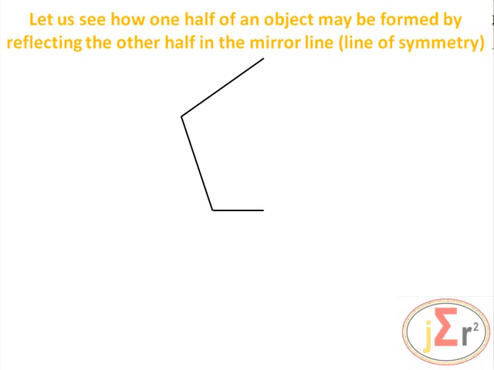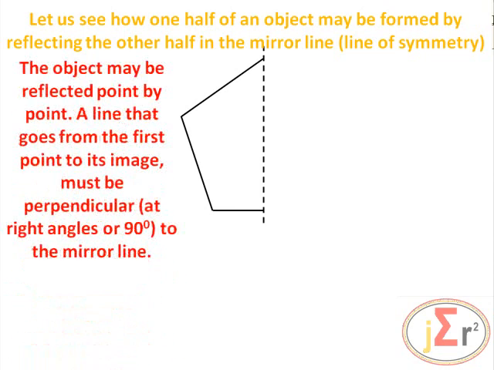But we will also look at the geometrical constructs of reflection. So we will see how something is actually reflected in a mirror line. So let us see how one half of an object may be formed by reflecting the other half in the mirror line, which will turn out to be the line of symmetry.